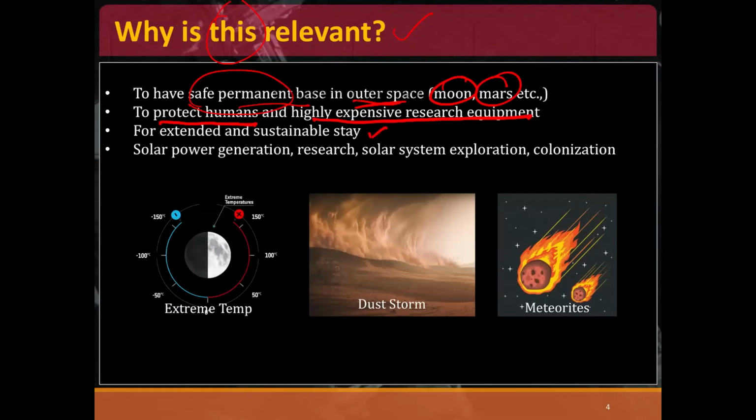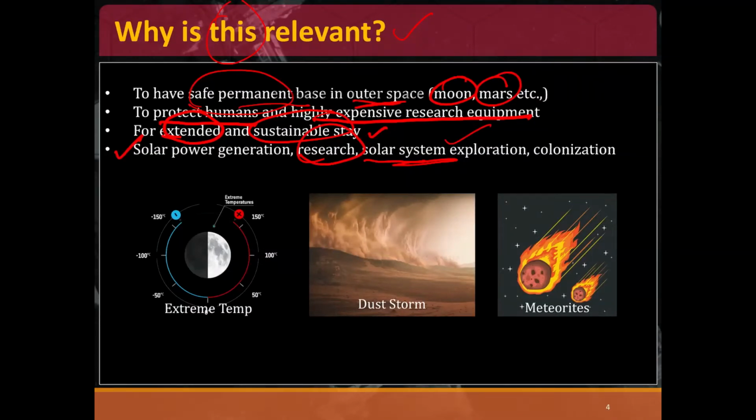Having a permanent base also helps astronauts stay for a long time in outer space safely. And it can also support all the types of research being done in space, such as solar power generation, educational research, or research related to solar system exploration and so on.